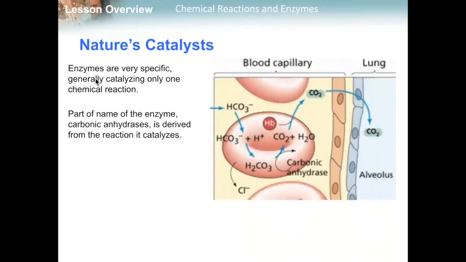Enzymes are very specific, generally catalyzing only one chemical reaction. Part of the name of the enzyme, carbonic anhydrases, is derived from the reaction it catalyzes. Here's the bloodstream going through, carrying carbonic acid, which releases back into the lungs and the alveoli to release that carbon dioxide.